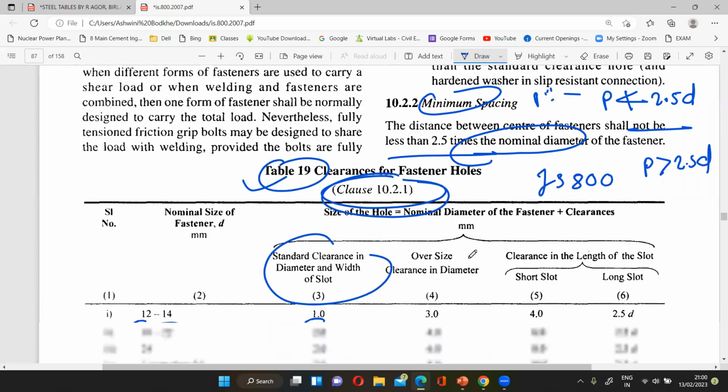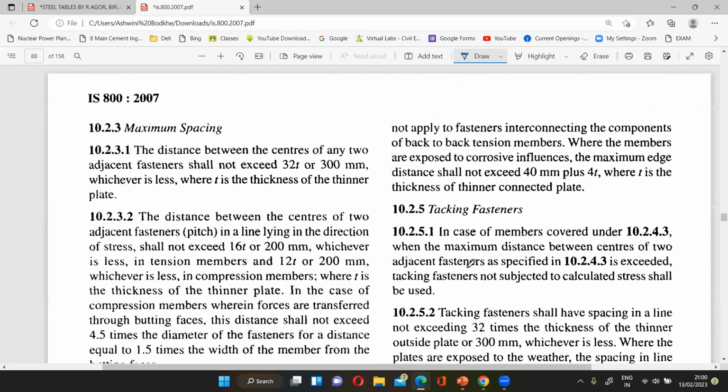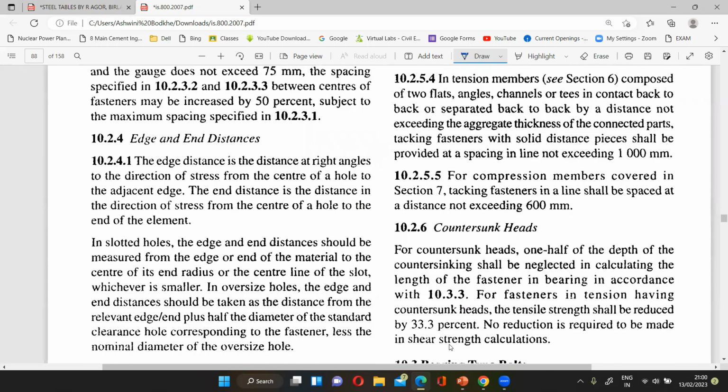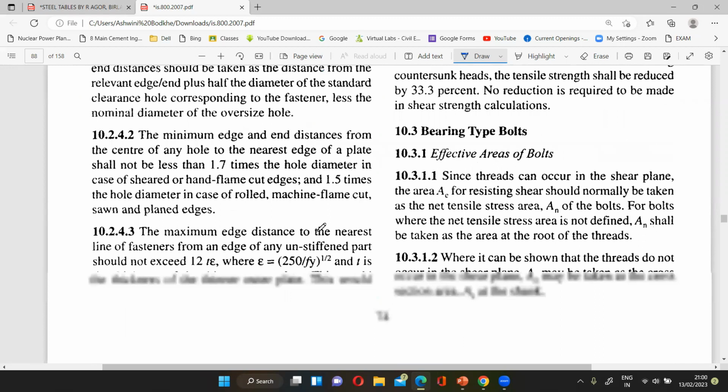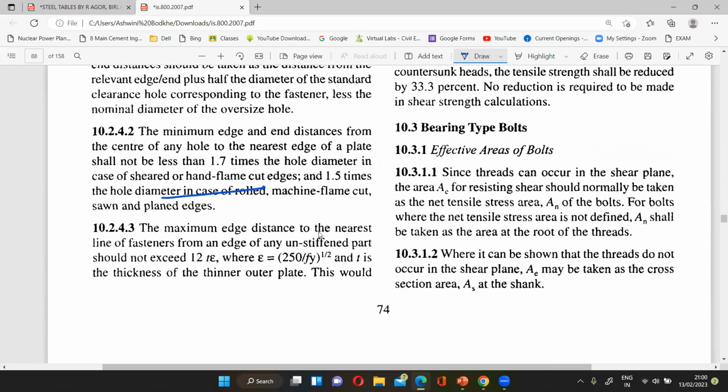And the edge and end distance clause is here, 10.2.4. It should be 1.5 times the hole diameter in case of rolled sections. So end distance should be greater than 1.5 times the hole diameter.